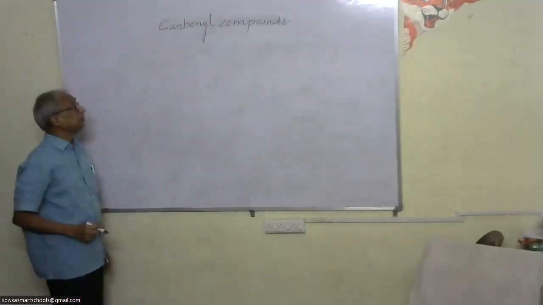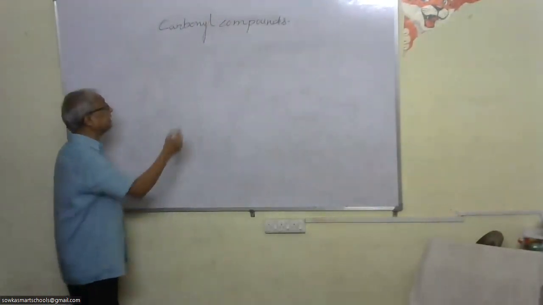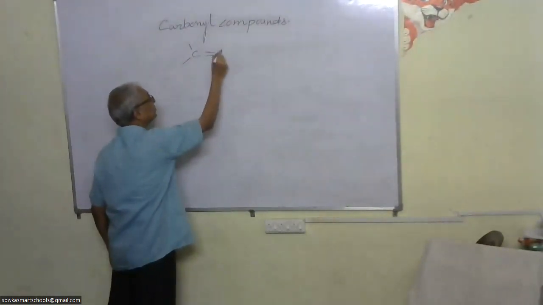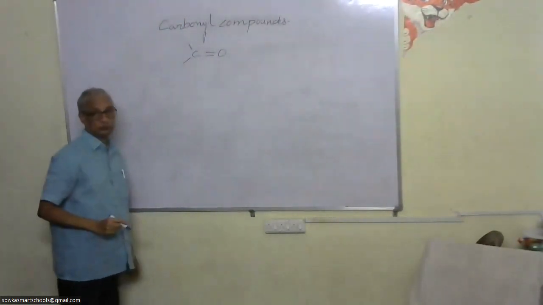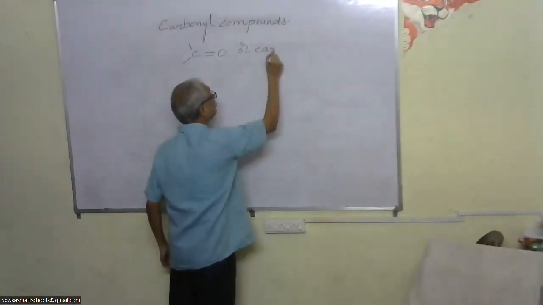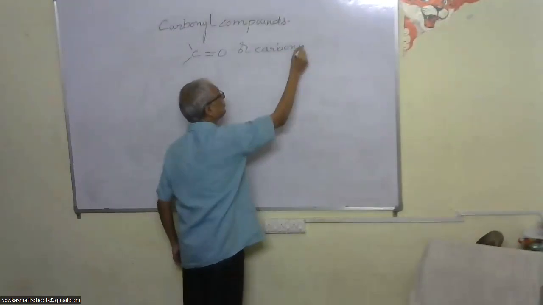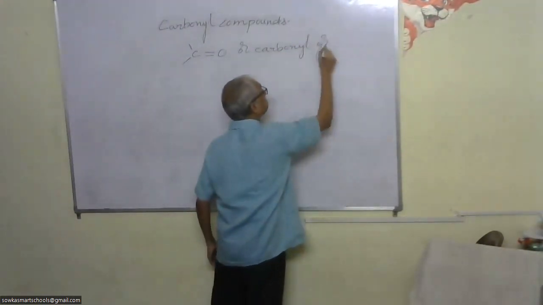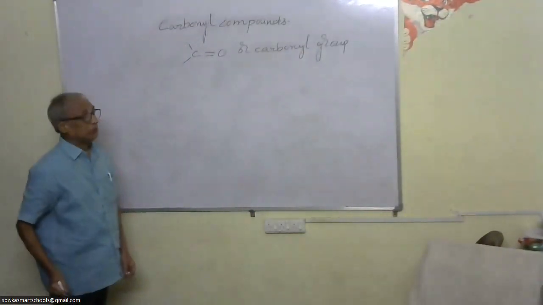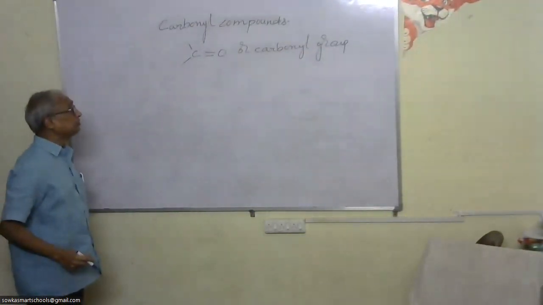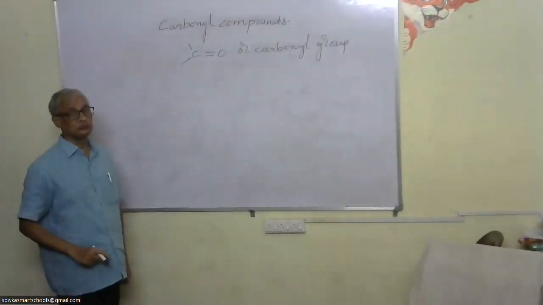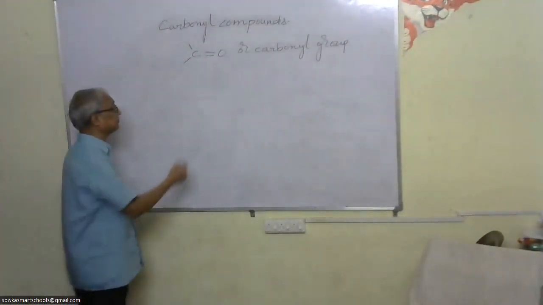As you all know, the carbonyl compounds contain a common group known as the carbonyl group, C double bond O group. And these compounds containing the carbonyl group are broadly divided into two categories.